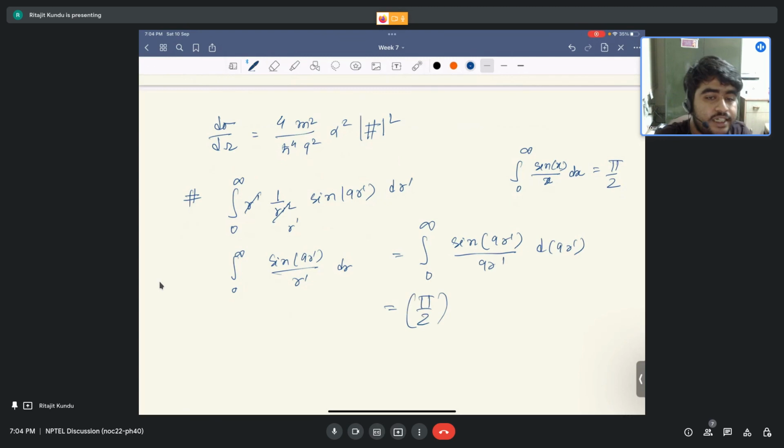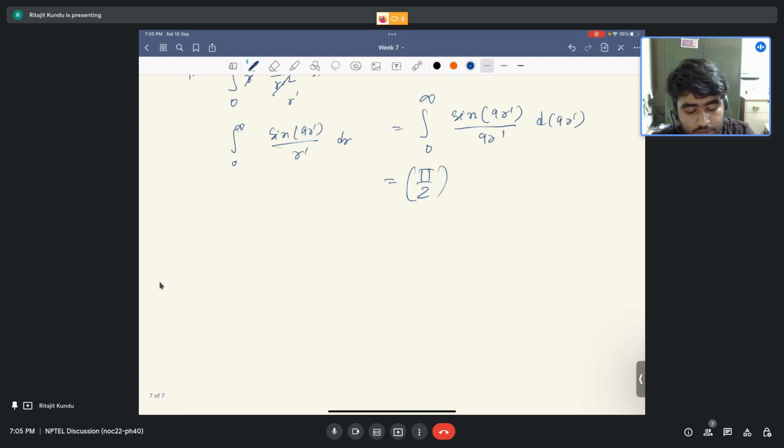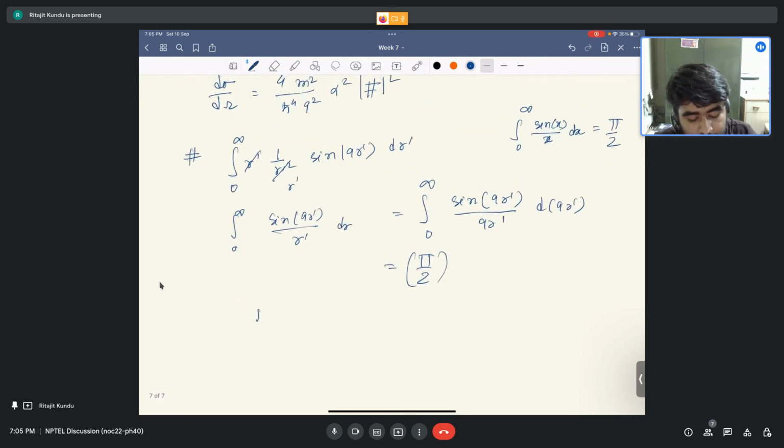So this integration doesn't depend on q at all. If I have a 1/r² kind of scattering potential, then this integration doesn't depend on q at all. So I'll be only left with dσ/dΩ equal to 4m² α² and then just (π/2) squared.